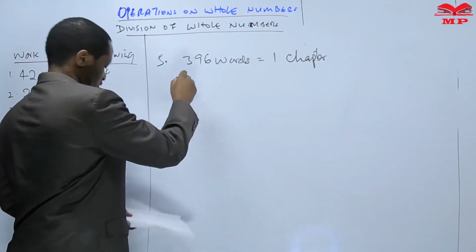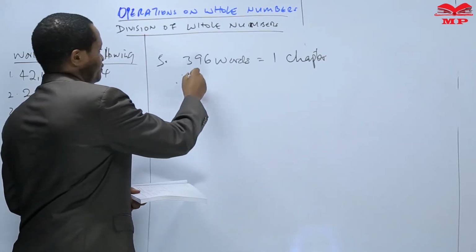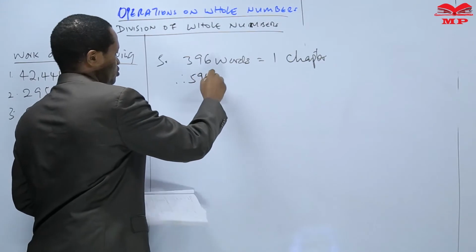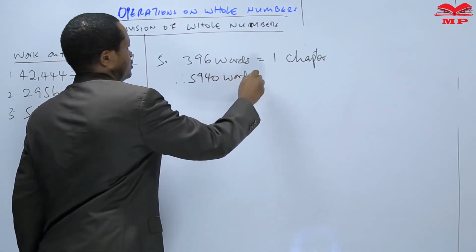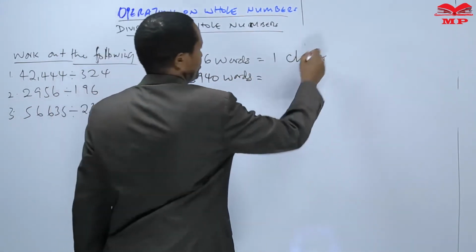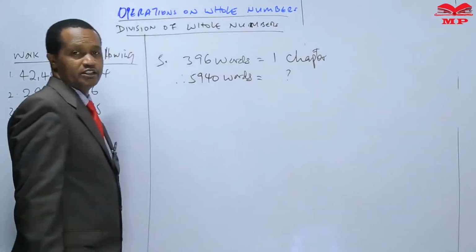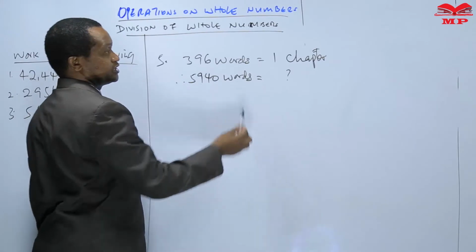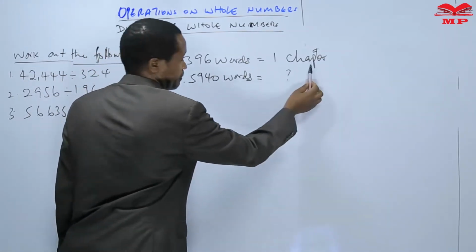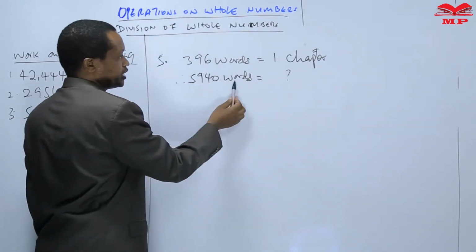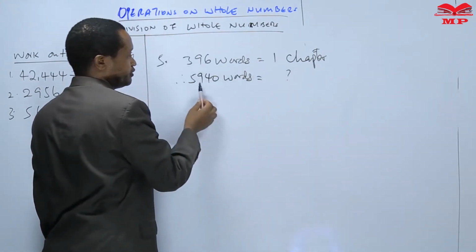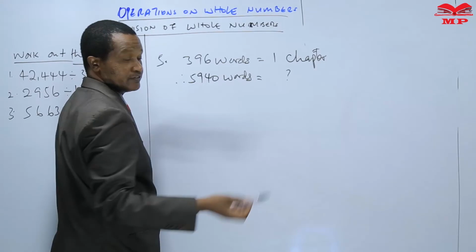Therefore, the 5,940 words will give us how many chapters? So that is the question, learners. If 396 words make a chapter, then how many chapters will 5,940 words give us?